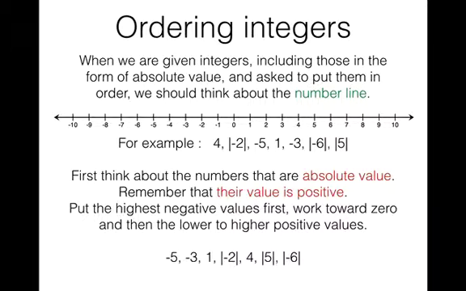At the bottom of the screen, you can see that the -5 would be first when you're putting them in order from lowest to highest, because the -5 would come on the left side of the number line, and then a higher value is -3, and then 1, and then the absolute value of -2, because that's actually +2, and then 4, and then the absolute value of 5, and then the absolute value of -6, because remember that the value of that would be +6.